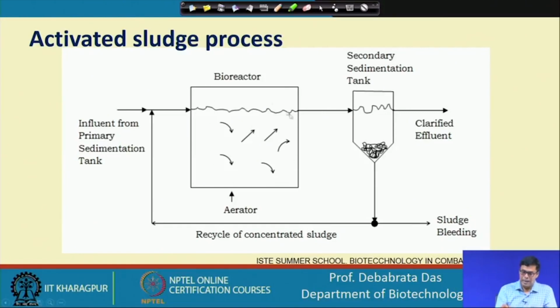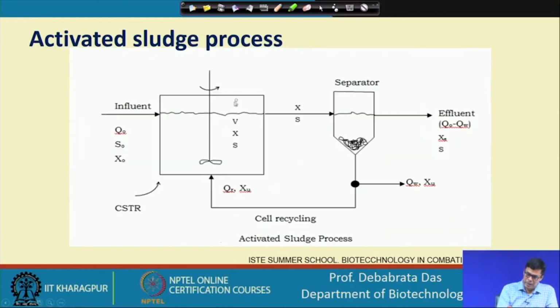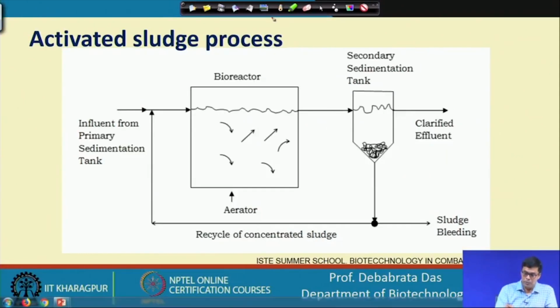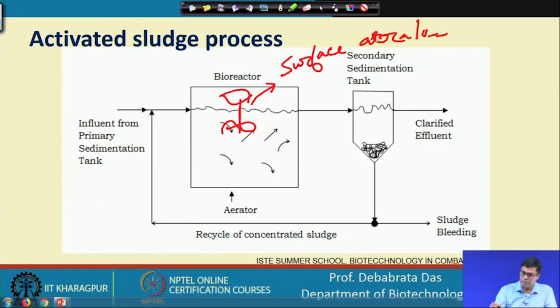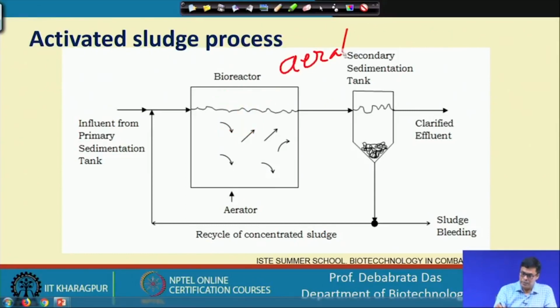This is the activated sludge process, where we do a little bit of aeration. How do we do the aeration? Here at the top, we use some kind of surface aerator. This is called a surface aerator.